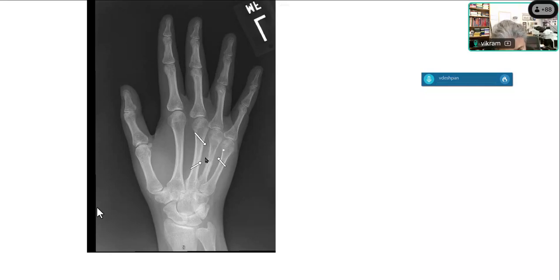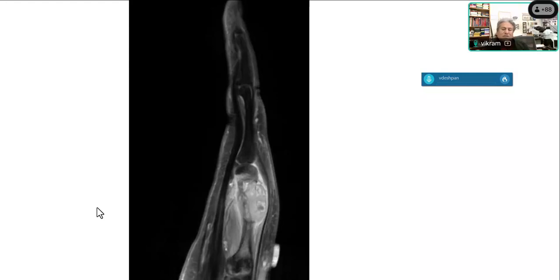Perhaps there's a little bit of mineralization, but I think it becomes more obvious. I can't remember, this was probably a STIR or something like that. But it's clear that there is an intralesional component, and then there's this more bright extraosseous component, right?